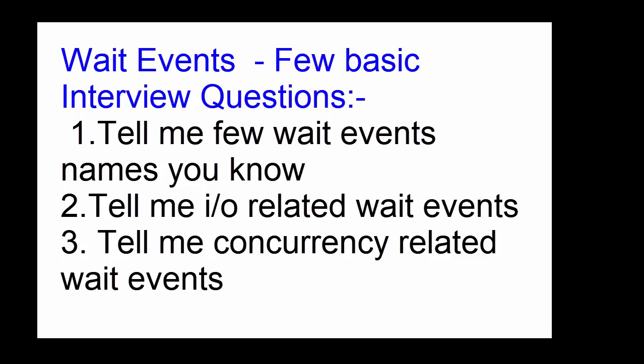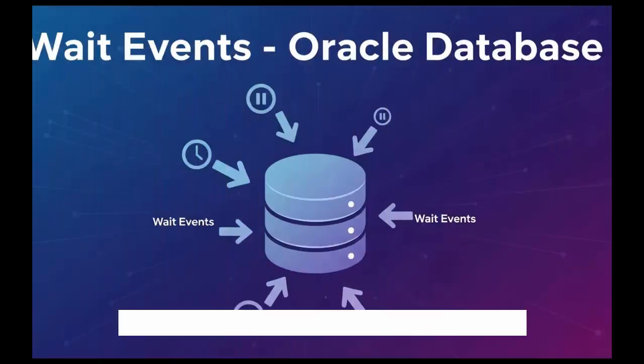Similarly, they will ask, okay, tell me IO related wait events. Sometimes they will ask, tell me concurrency related wait events. So these are very basic beginner questions with respect to wait events. So you have to remember at least a few wait events which you have already worked on in any AWR report.